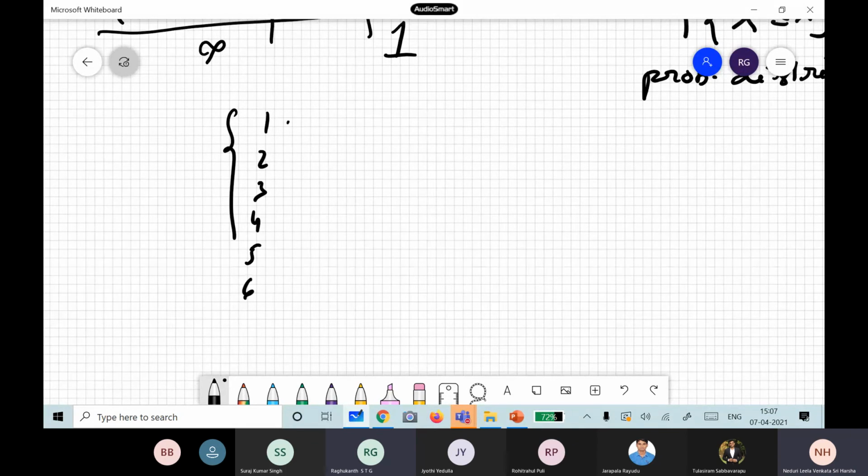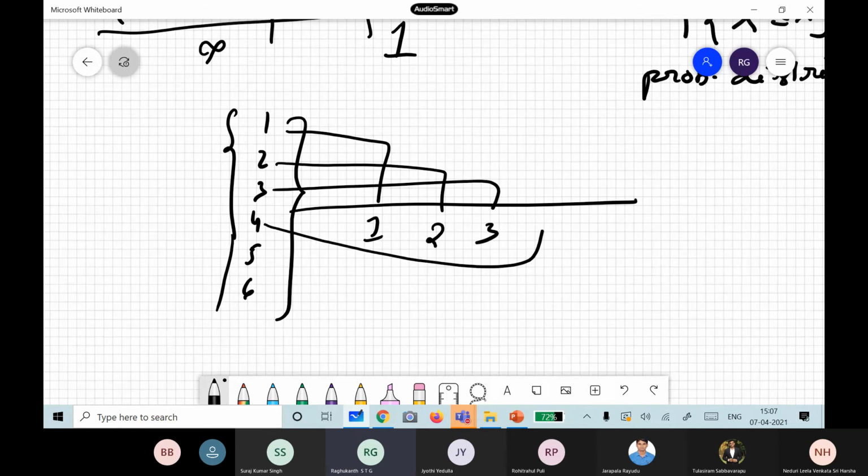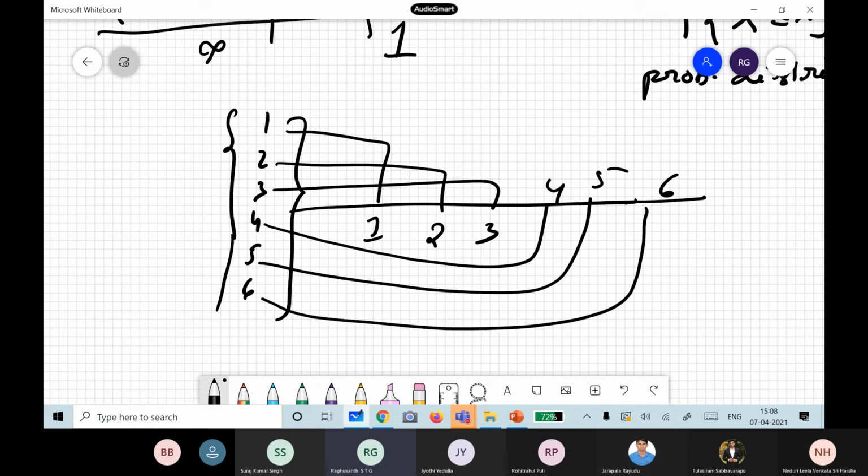But once you have transformed to real lines, let us say I transform 1 to 1 only, 2 to 2 only, 3 to 3 only, 4 to 4 only, 5 to 5 only, and 6 to 6 only. Of course I can do any transformation I like. It is non-unique. I can transform 1 to 10, 20, 30, 40 also, whichever way we like.